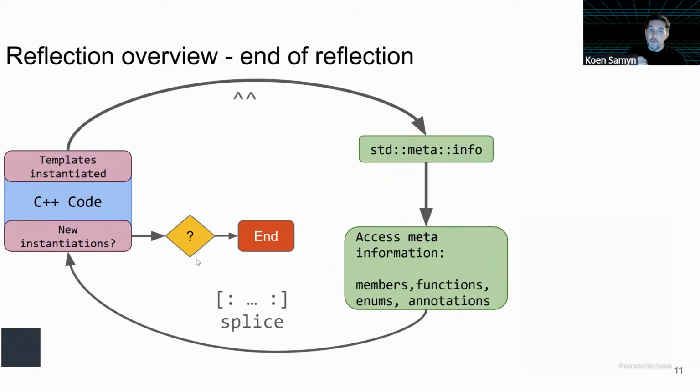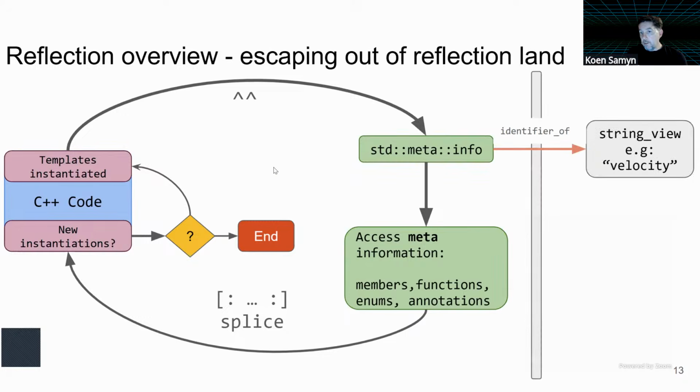So if you don't do any reflection anymore, that's the end of it. But it could be that you start to loop again with new code that was discovered during template instantiations, for example, and that code might again contain the reflection operator.